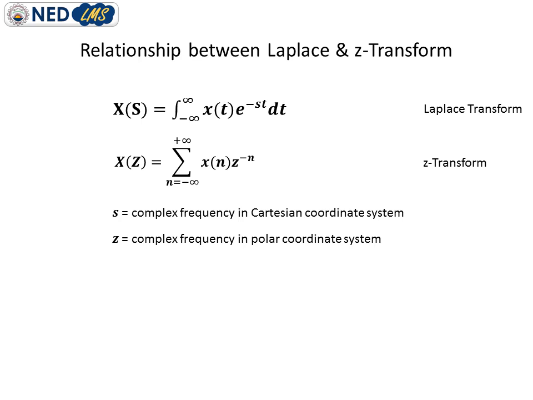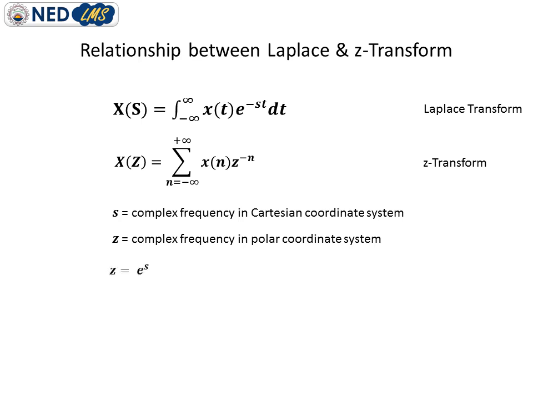Laplace transform represents the complex frequency in Cartesian coordinate system, whereas Z transform represents the complex frequency in polar coordinate system. As you all know, in Cartesian coordinate system we have x-axis and y-axis and both are orthogonal to each other, but in polar coordinate we mark some point with the help of radius and angle.